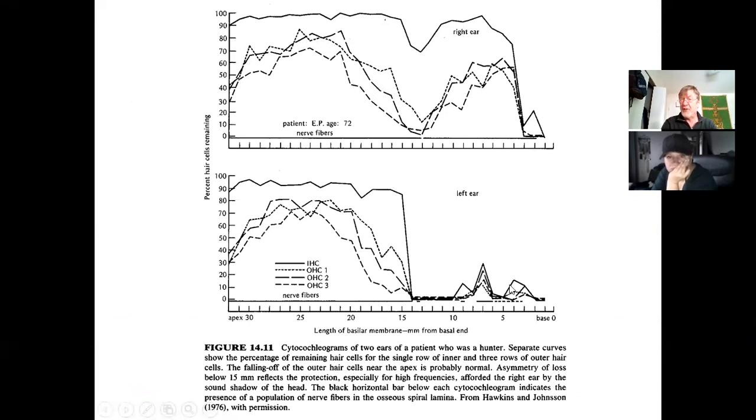His left ear, the hair cells are totally dead in the high frequencies. These dotted lines are the rows of outer hair cells. The solid one is the row of inner hair cells. Anybody taking anatomy will have seen that, but at any rate, just giving you an idea. It's interesting that right-handed hunters will have worse left ear hearing, and left-handed hunters will have worse right ear hearing, especially if they're using rifles.